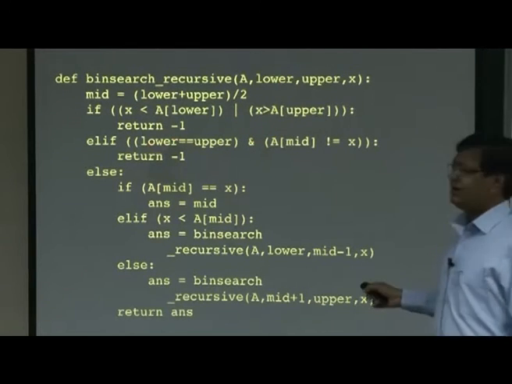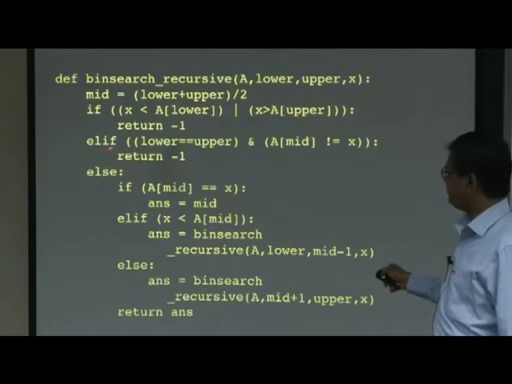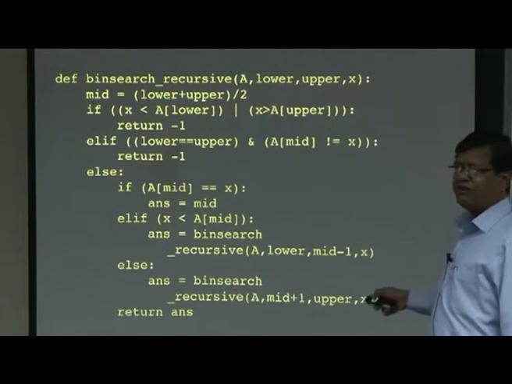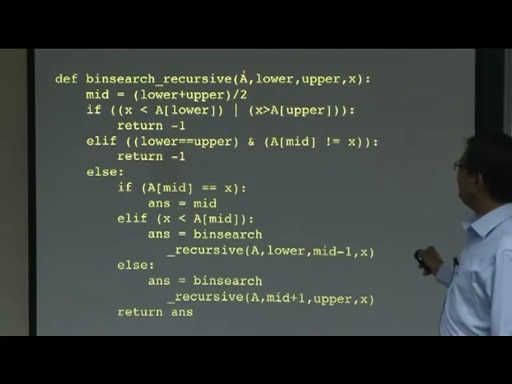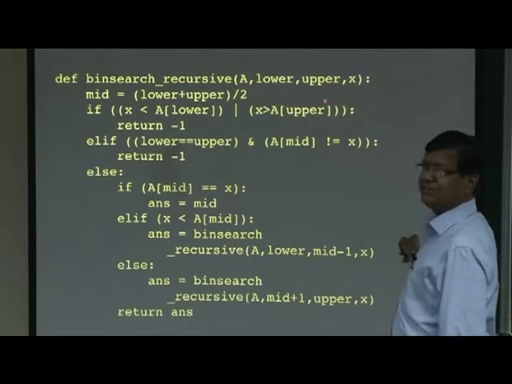Now, if this is not true, then I go to else if. If this is not satisfied, then I come here. Now, I would like to search. Please remember that here I am searching from lower to upper, not the whole array. This index is important.